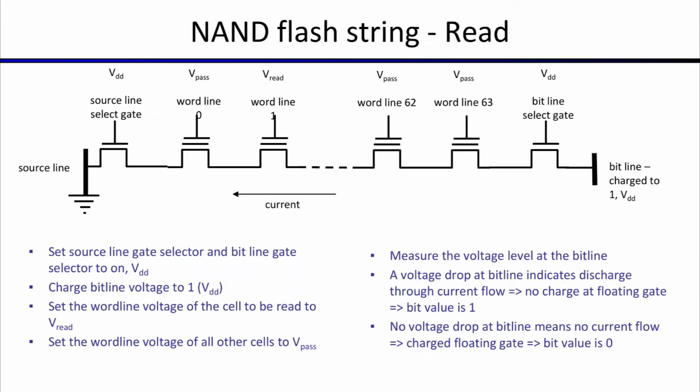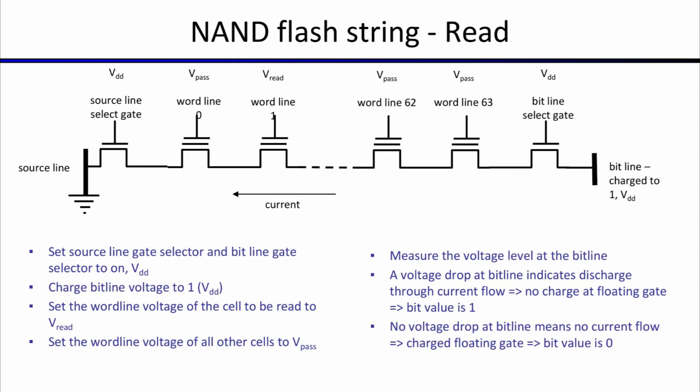The way it works is you apply a read voltage to the word line, and each of these cells is connected to a word line. For every other word line that you do not want to read, you put a pass voltage. A pass voltage is higher than the second threshold, so the current will flow through those cells.